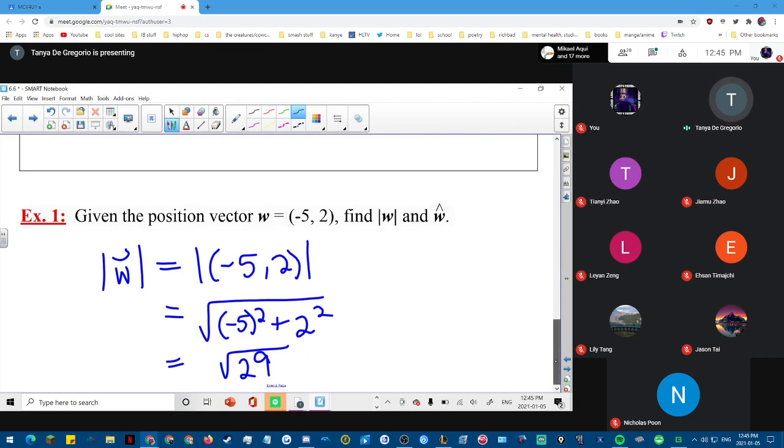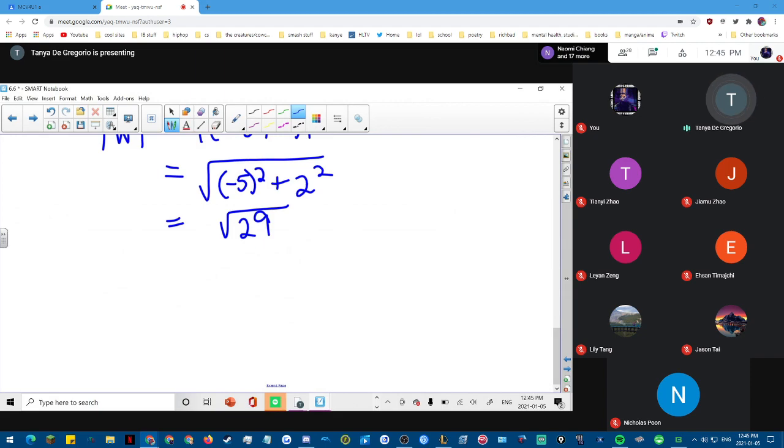And now we want to know a unit vector w. Well, the unit vector w has to have the same slope. So we know that that (-5, 2) can't change. However, we don't want it to be root 29 units long. We only want it to have a length of 1. And so to find that unit vector w, I have to divide by the length.